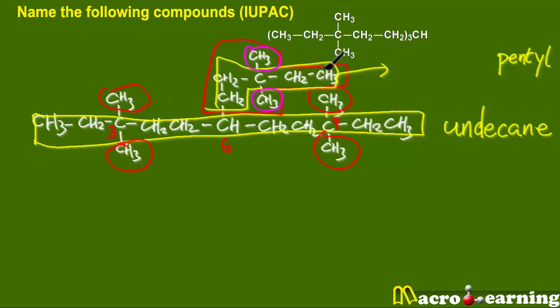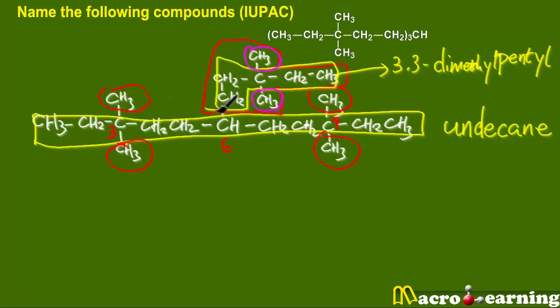So this substituent, this big substituent, we call 3,3-dimethylpentyl. Okay, so this entire substituent is named 3,3-dimethylpentyl because it's got a main chain by itself, which is a pentyl chain.